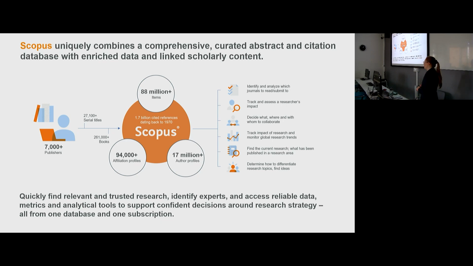Okay, so to understand Scopus, you need to know a few very important pieces of information. So first of all, this is an abstract database. So this is a database with the goal to show you information about scholarly output globally from all around the world, but only from selected, so evaluated, trusted, high-quality sources.